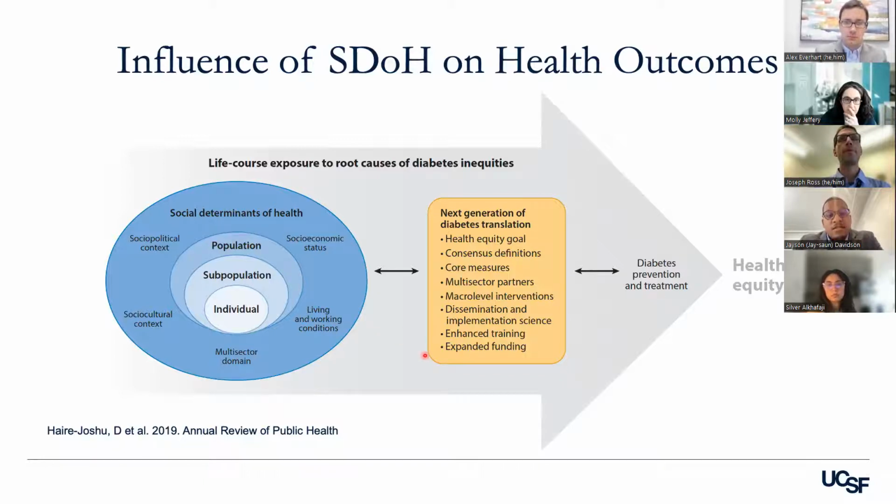The next generation of diabetes translation requires a health equity goal, consensus definitions, core measures, multi-sector partners, macro and micro level interventions, and enhanced training and expanded function, all to provide diabetes prevention and treatment for the overarching goal of creating more equitable healthcare in this realm.